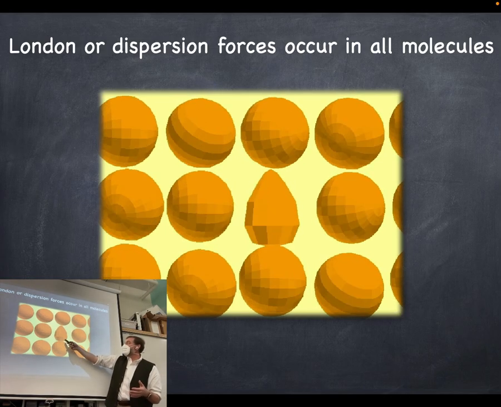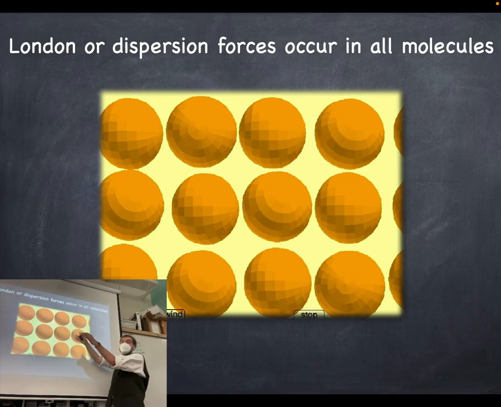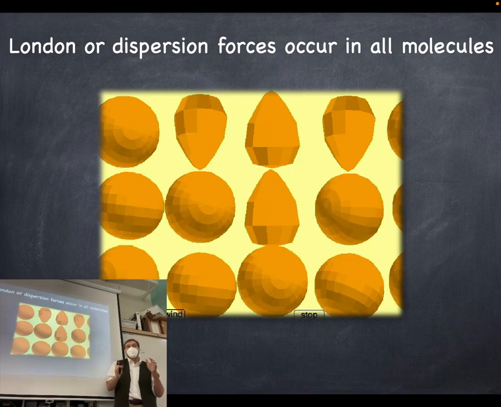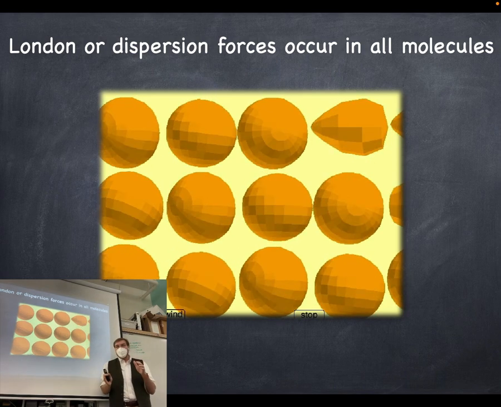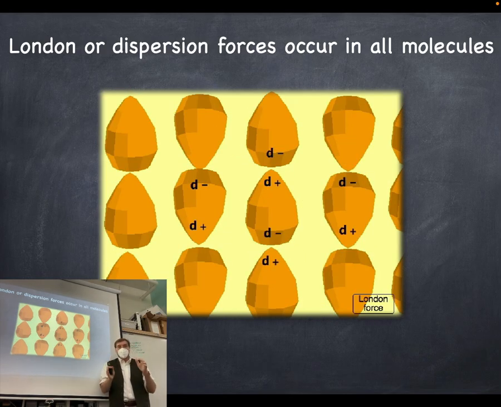When that happens, the atom can affect the atoms around it, causing a cascade of positive-negative interactions to take place. But because this positive and negative interaction is driven by just random movement of electrons, they can come and go very quickly. So, London dispersion forces are temporary dipole forces that are caused by the random movement of electrons.